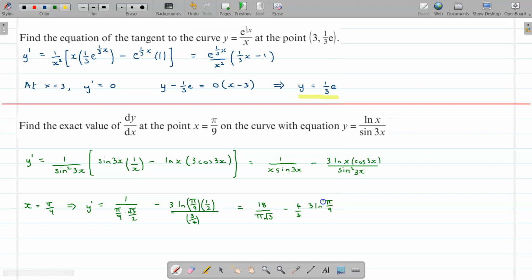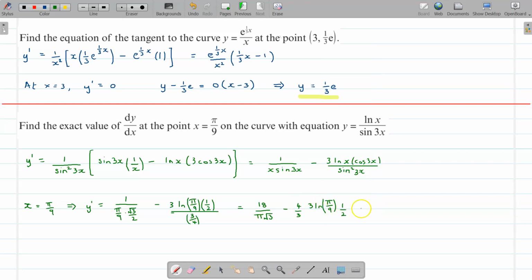And that's also times by 1/2. So I'll put that at the end for the moment. And I've got the 3 up there as well. So I've got the 3's cancelling out, the 4 and the 2's cancelling out there.